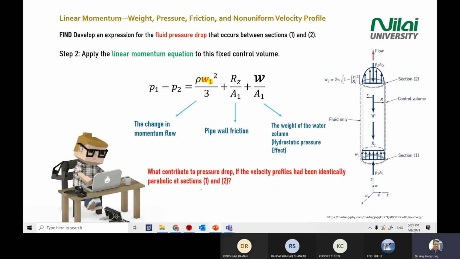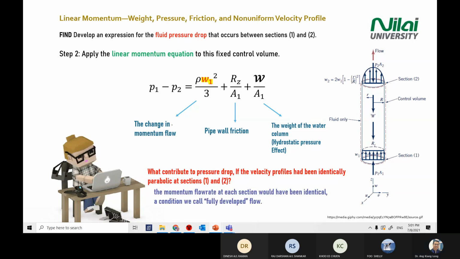So the next question you can think about is, if the velocity profile is identical, meaning section 1 and section 2 are identical, what happens to the pressure drop? So there's an answer there.